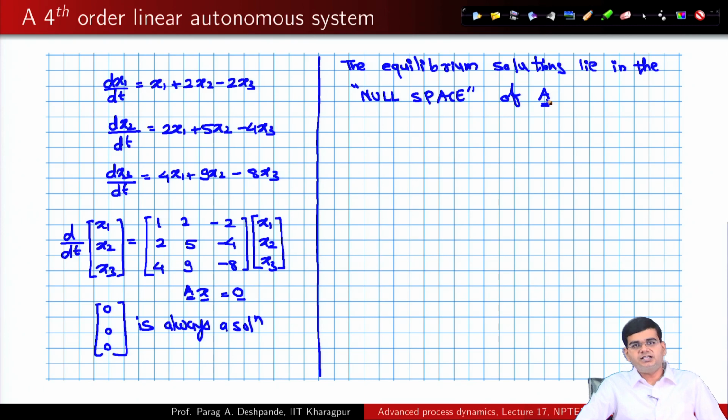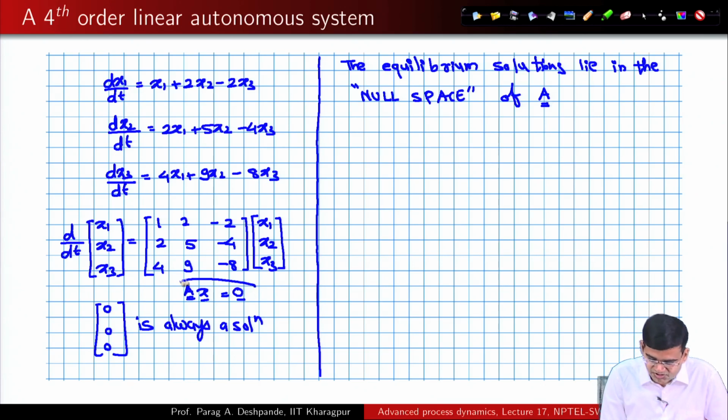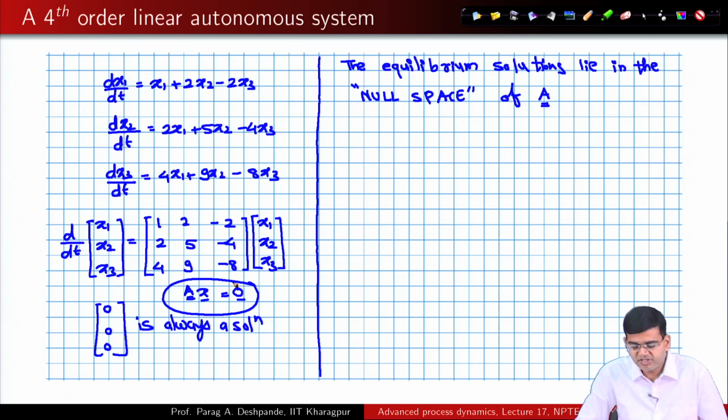What is the meaning of null space of A? All the vectors which would satisfy Ax is equal to 0. So, a linear vector space whose elements are the solutions of Ax is equal to 0 is the null space of A. So, how do I determine the null space of A?